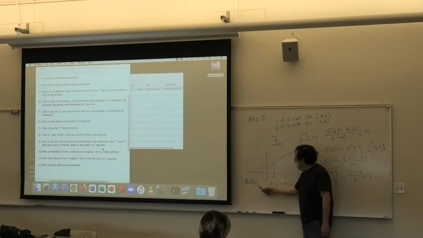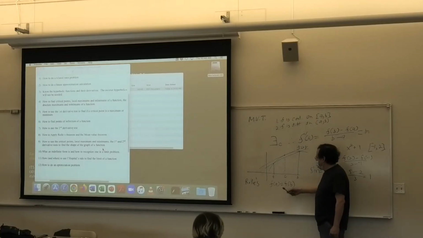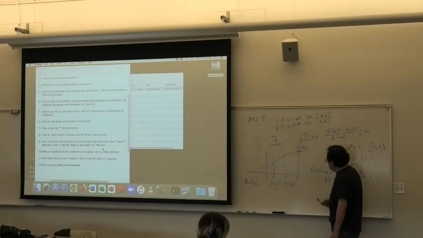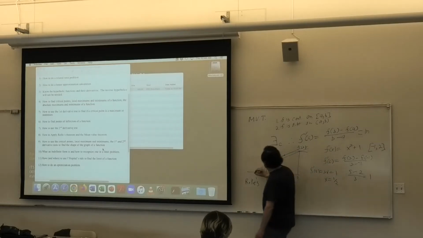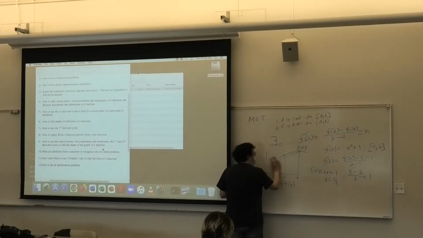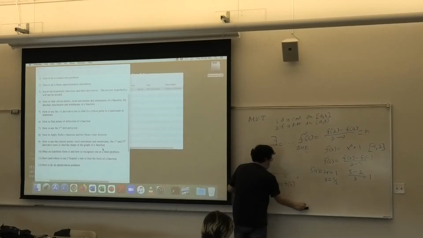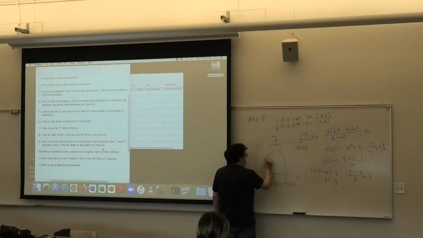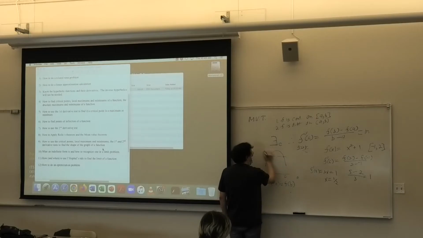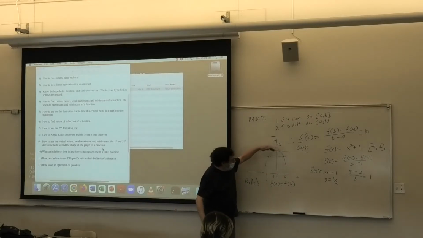So if I ask you to use Rolle's theorem, you first have to check that f of a is equal to f of b, and then you could find me some point where it would look like this. Maybe like this. And this would be a and b, and f of a would have to equal f of b, and then there's some point c where the derivative is 0, where it's horizontal.